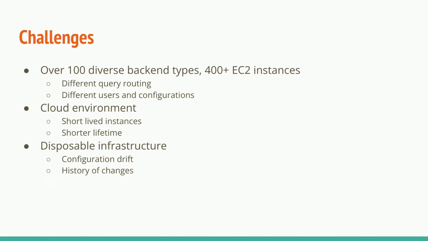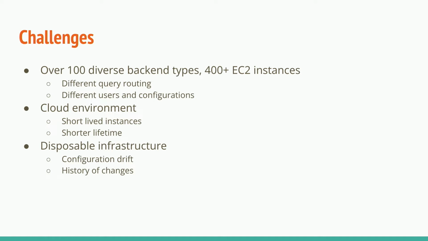So we have our databases sharded, obviously. And we have a concept of a backend type, right? Which is, you can think about it as a vertical shard, a functional shard. And for each backend type, we deploy a pool of ProxySQL servers.